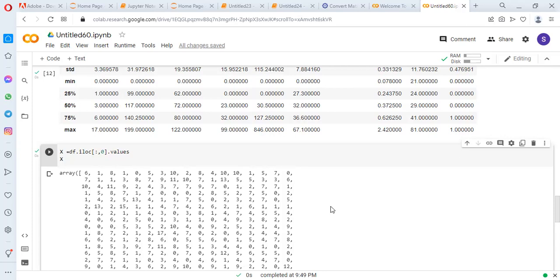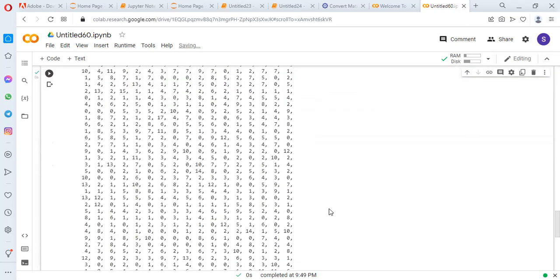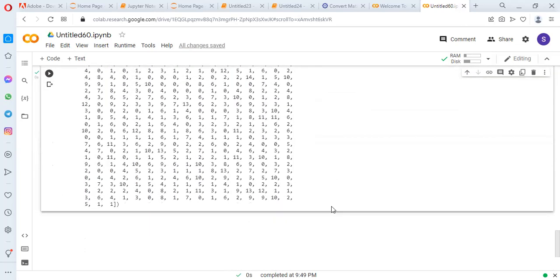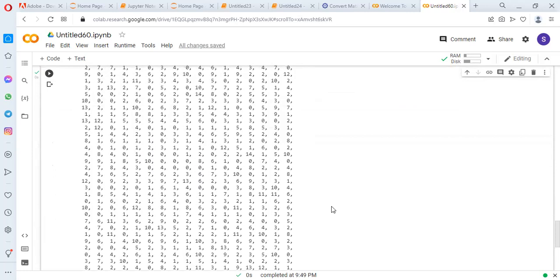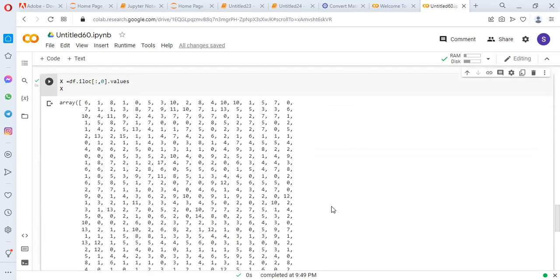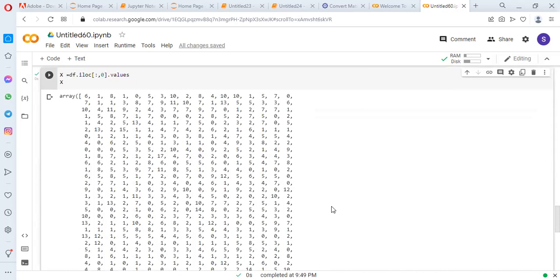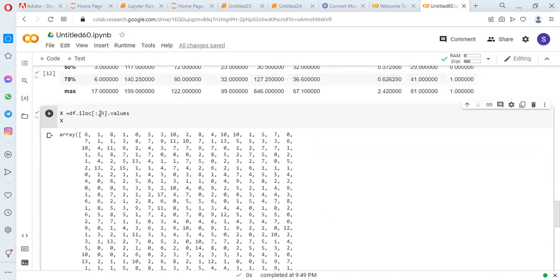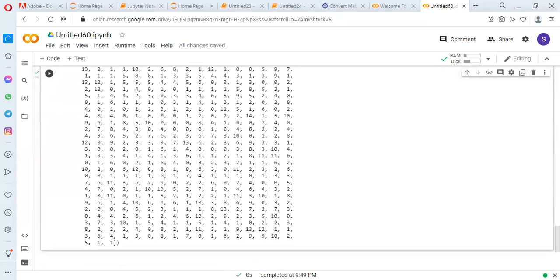So converting all the observations of the 0th column into a numpy array. So this 0 means 0th column. That means my index value 0, taking the consideration of the whole data set. The 0th column data are present in the numpy array.